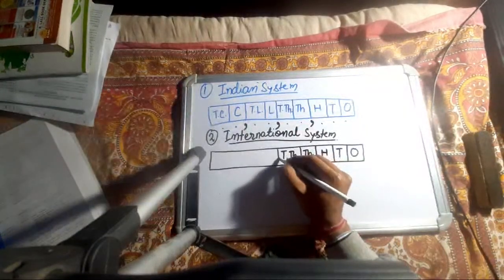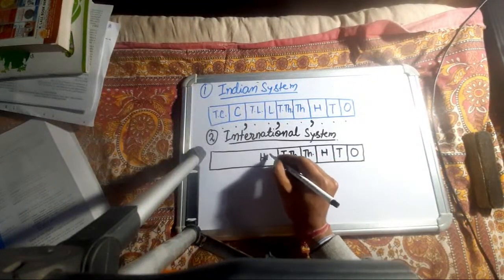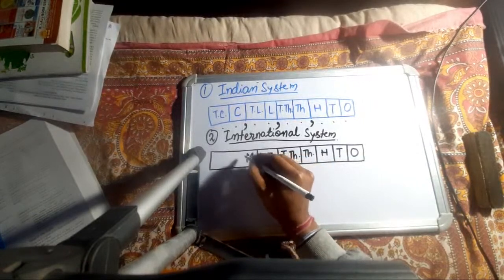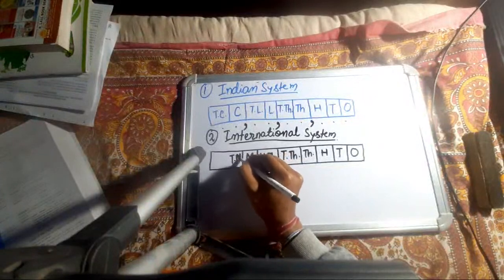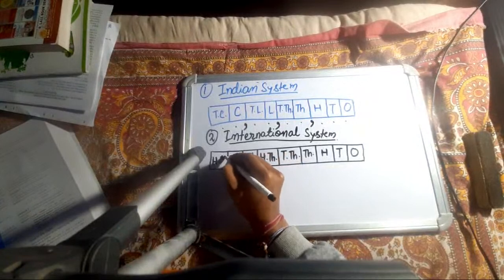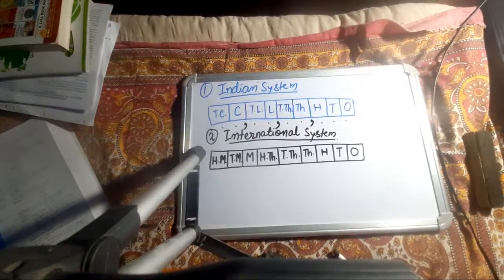But now, in place of lakh, there will be 100,000. And then million, 10 million, and 100 million. After that comes billion, 10 billion, and 100 billion, and so on.